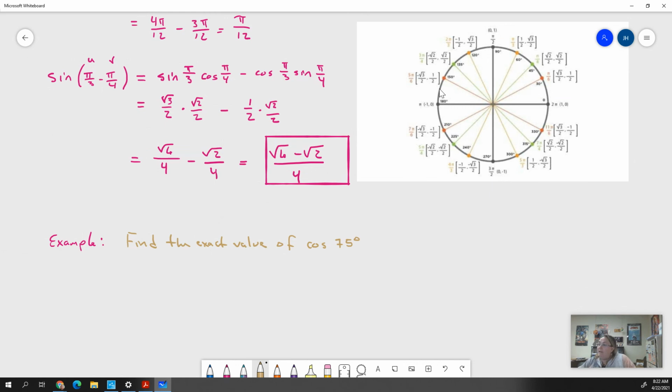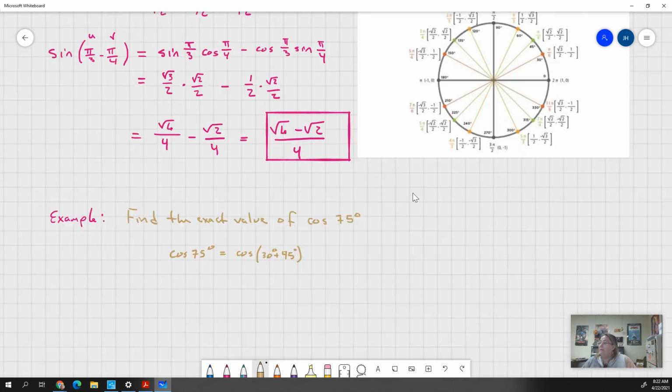But we can break down cosine of 75 degrees to equal cosine of 30 degrees plus 45 degrees, right? Which equals 75 degrees. And we can figure that one out, right? Because we know what all of the exact values are at 30 degrees and at 45 degrees.